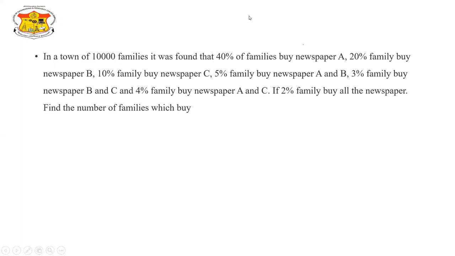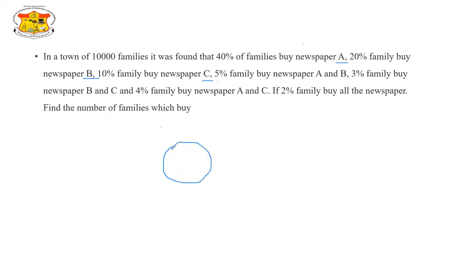Here we have 10,000 families. First of all, you have to find out how many sets are in the given example. A, then the second one is B, and the third one is C. So there are three newspapers, hence three sets.